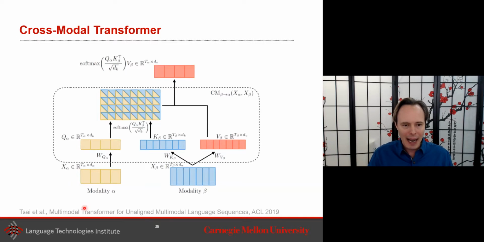So I take my language and I say, hey, is there anything in vision that could make it so that you can recreate alpha? And that's what it will give me here. The output of this will be the best I can recreate from just using vision.